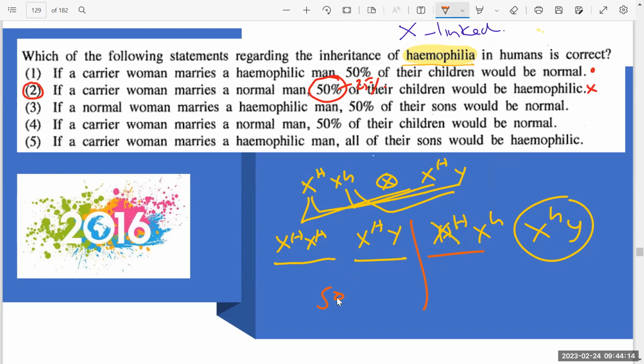So 50% of children are normal. So the fourth one is correct, right?